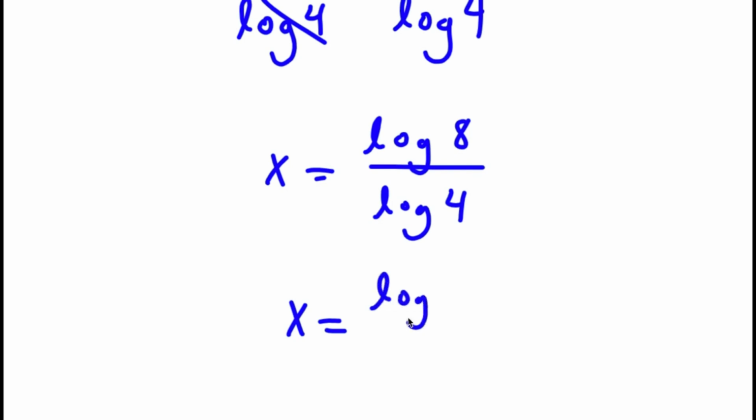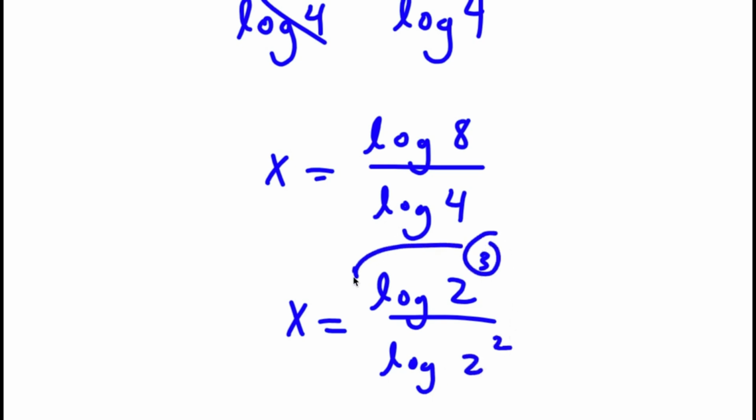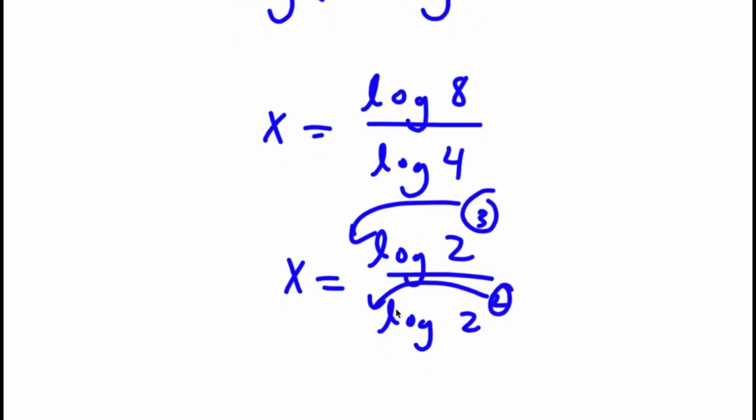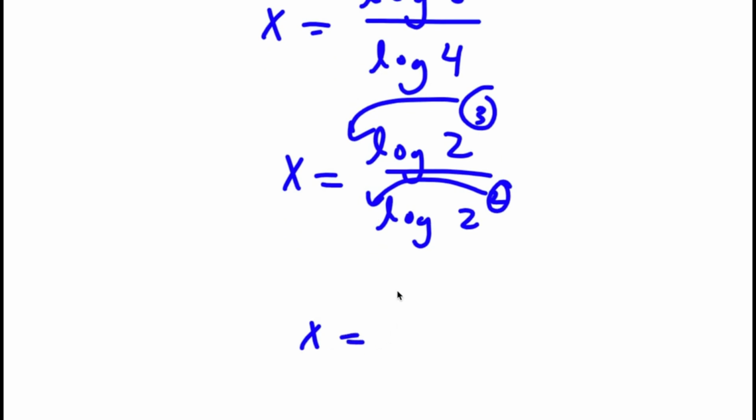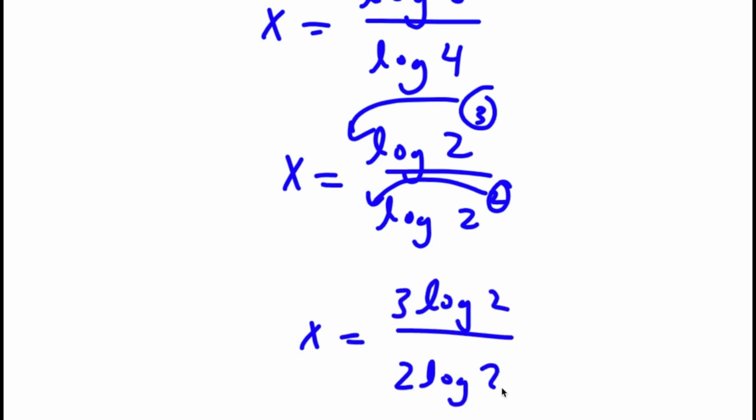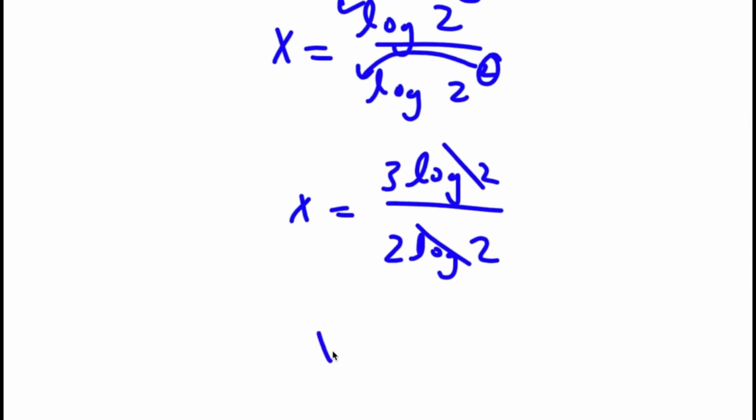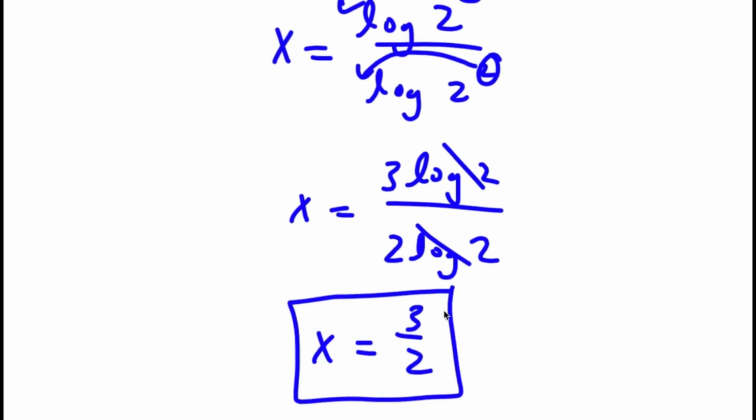So now I have log 2 to the power of 3 over log 2 to the power of 2. Now I can move these exponents to the front. So now I have x is equal to 3 times log 2 over 2 times log 2. These two log 2's can cancel out, so I'll simply be left with x is equal to 3 over 2. So this is my answer.